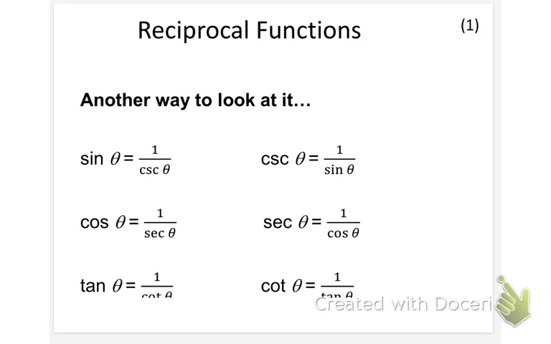Reciprocals can also be seen as sine of theta is 1 over the cosecant of theta. So we're just looking at the reciprocal as 1 over the reciprocal function. You guys do not need to write this down on your paper unless you would like to make a note of it.